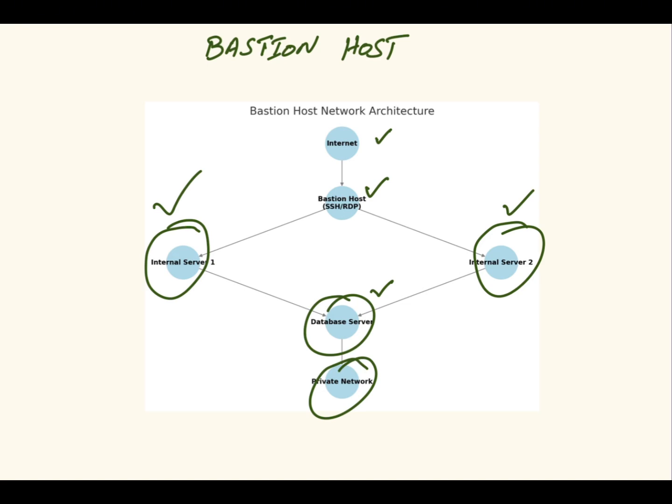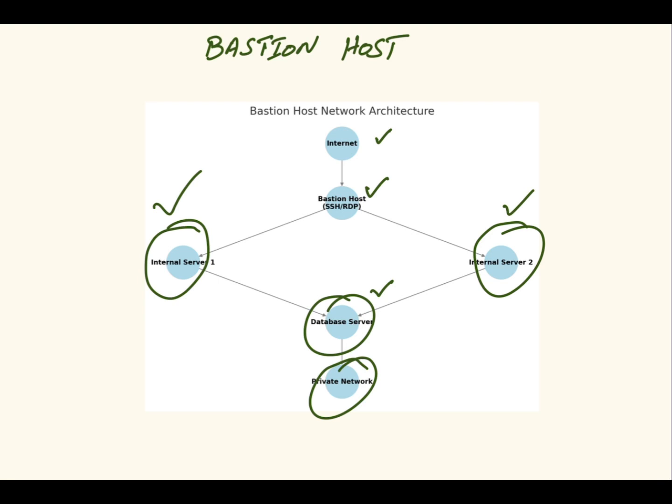Key benefits of a Bastion host: it enhances network security by limiting direct exposure, improves access control with an authentication checkpoint, and prevents lateral movement by an attacker within the network. So these are the key benefits of having a Bastion host exposed to the internet, acting as a checkpoint before you access internal resources.